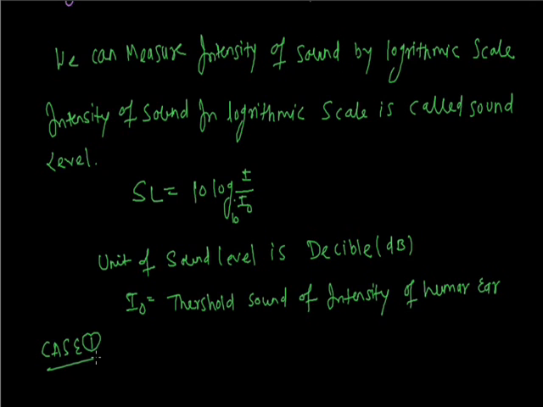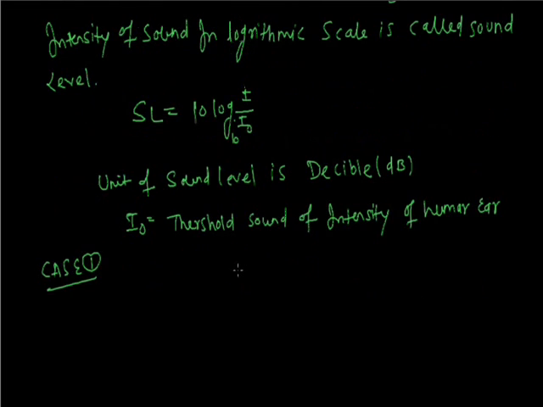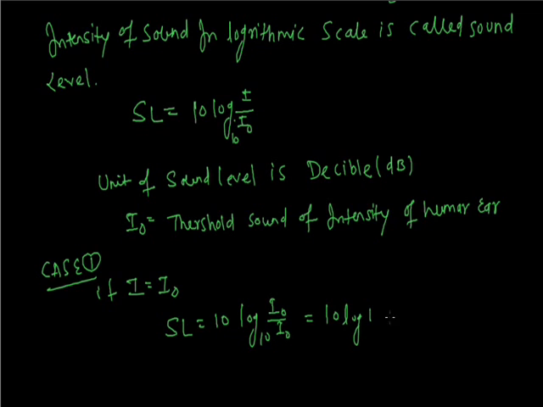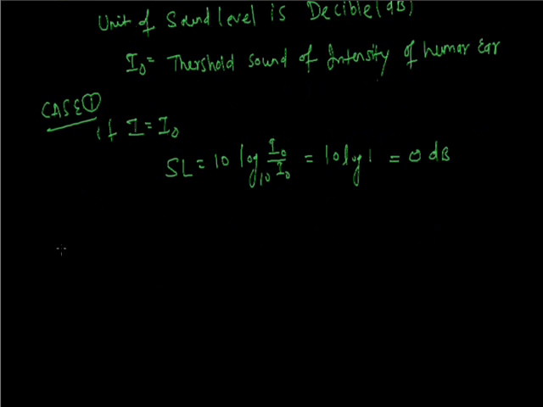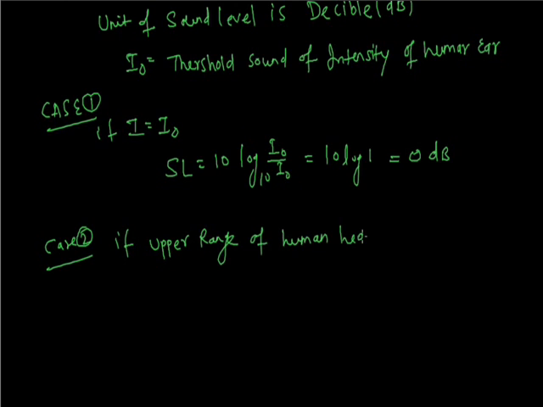Now case first. If we want to find the range of sound level, suppose I is equal to I naught. Then sound level SL will be 10 log I naught by I naught, which is 10 log 1. Log 1 is 0, so the sound level is 0 decibel. In case second, we know the upper range of human hearing is 1 watt per meter square.